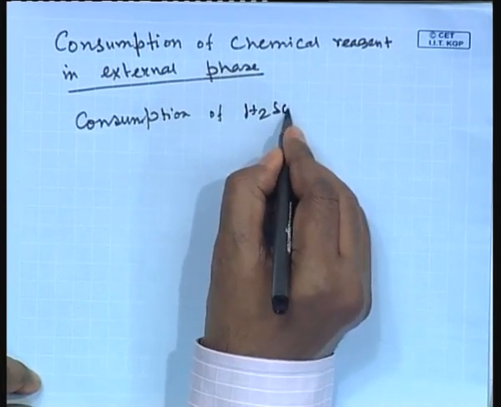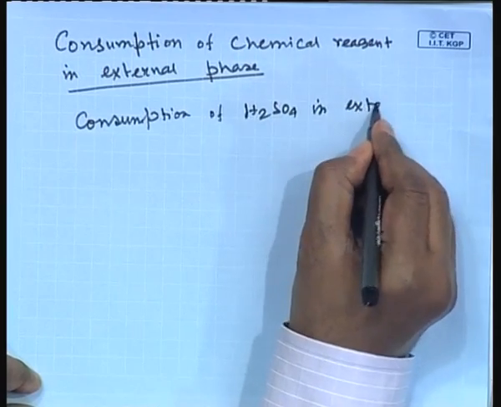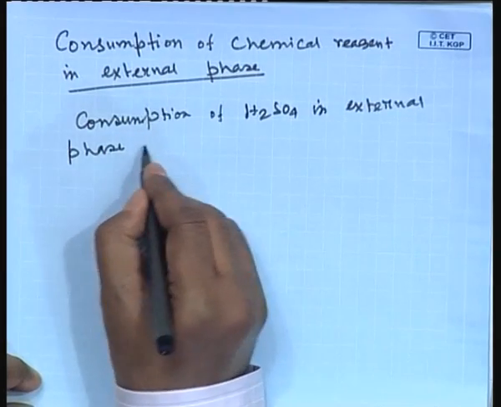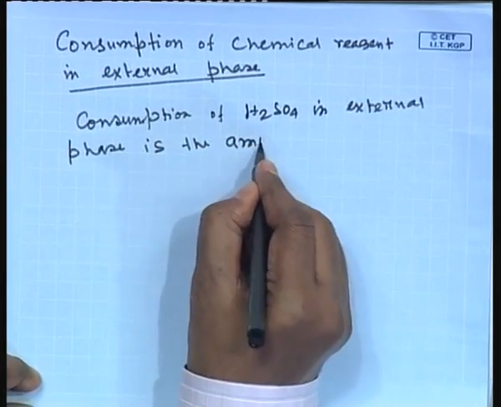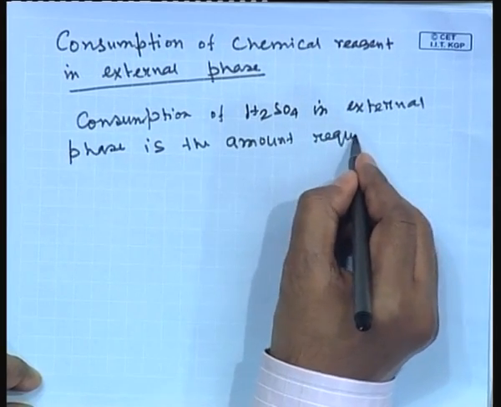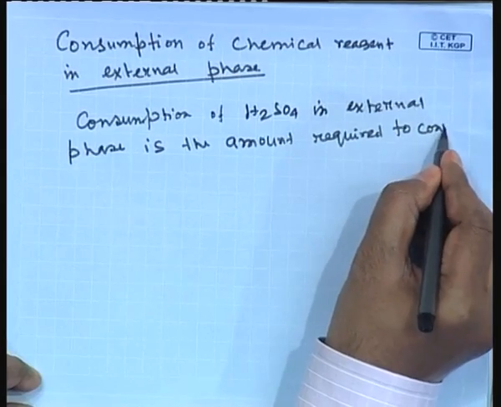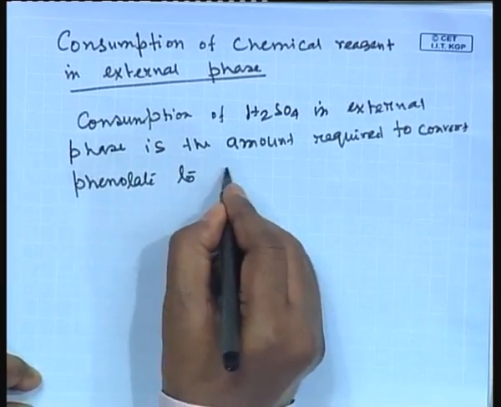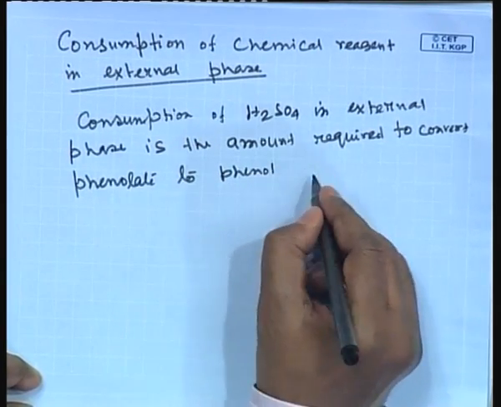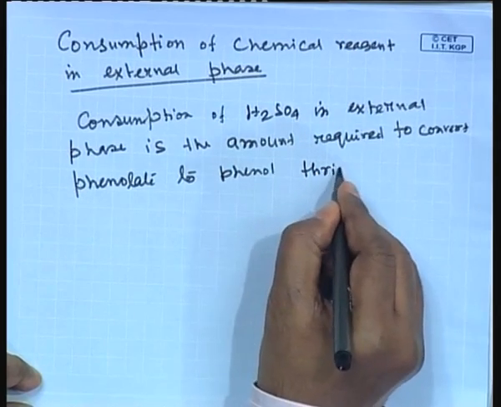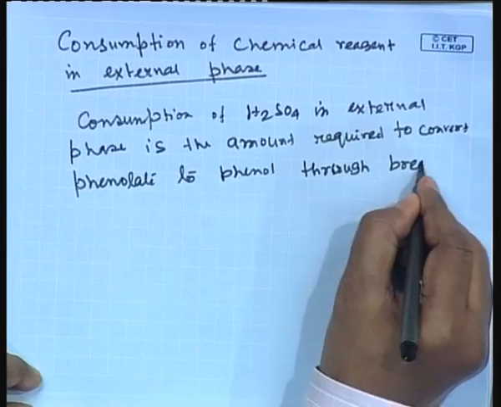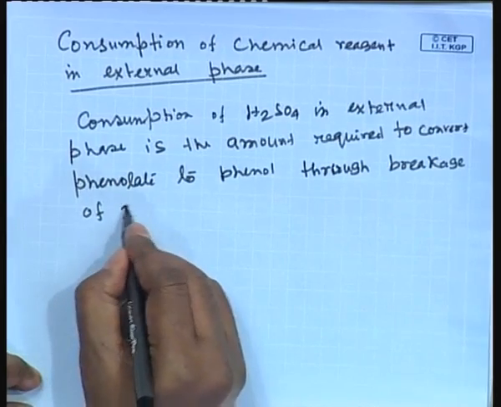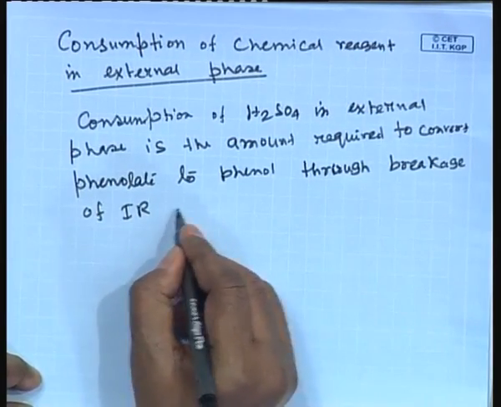Consumption of sulfuric acid in the external phase is the amount required to convert phenolate to phenol. Through what mechanism? Through breakage only, through breakage of the internal reagent, that means containing sodium phenolate.